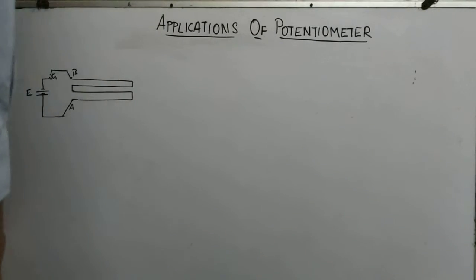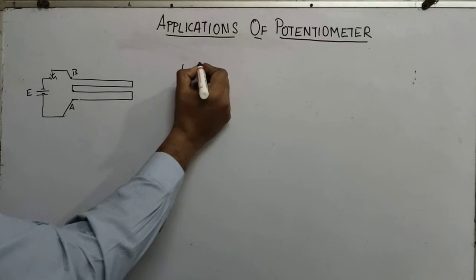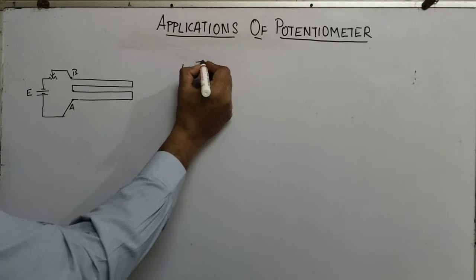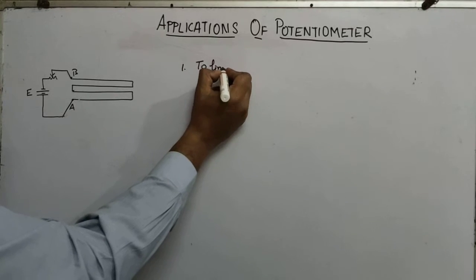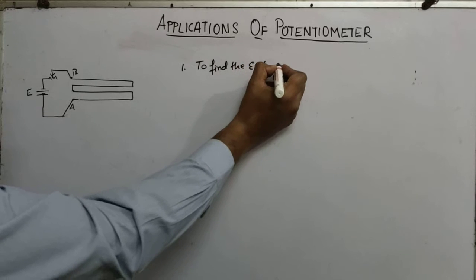Now we'll study the applications of potentiometer. Basically we need to study three applications of potentiometer. The first application is it is used to find the EMF of a cell.